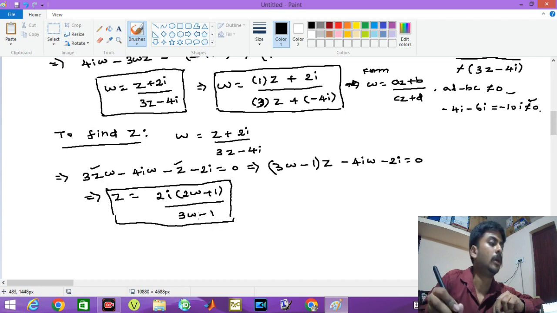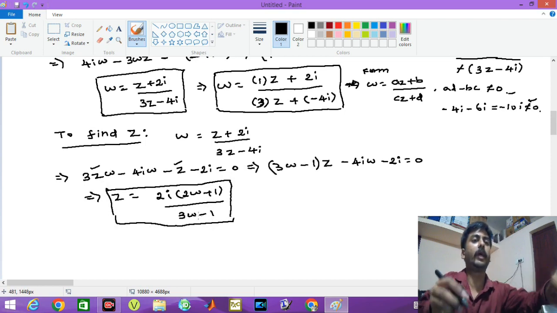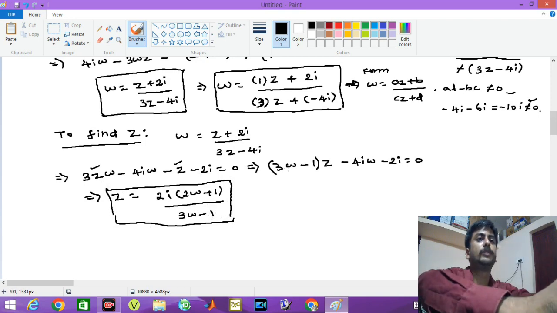Now we have to write the image of modulus of z less than 1.